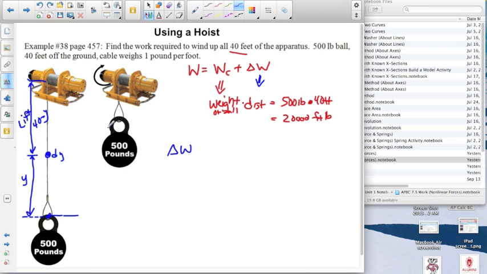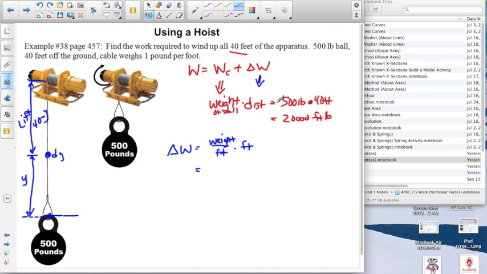So that's the amount that's going to be lifted. So the incremental work here then is going to be our incremental weight times our incremental distance, or incremental length. So we're going to have our linear weight again, weight per foot times our linear distance, our incremental length, delta y there.